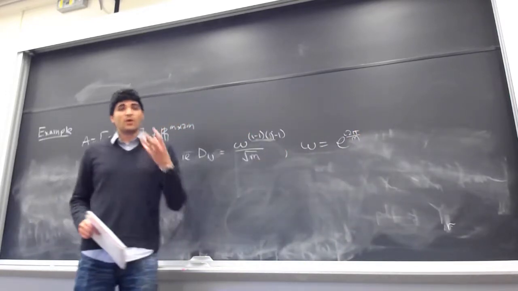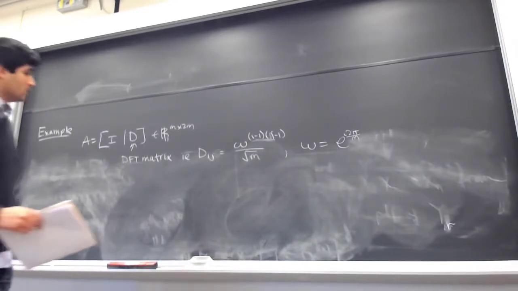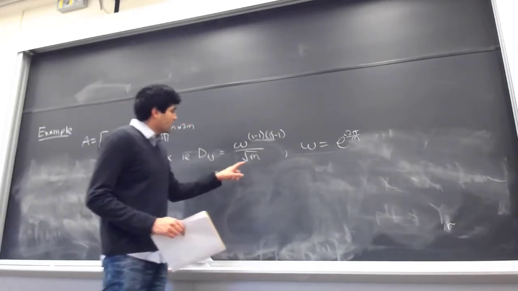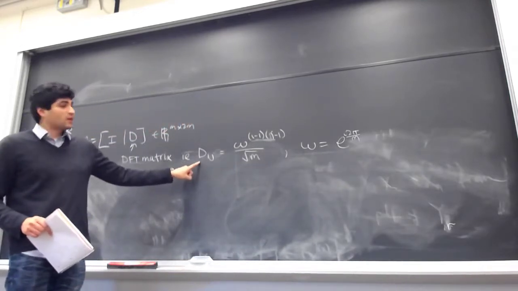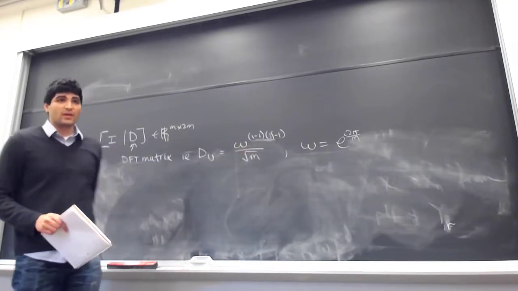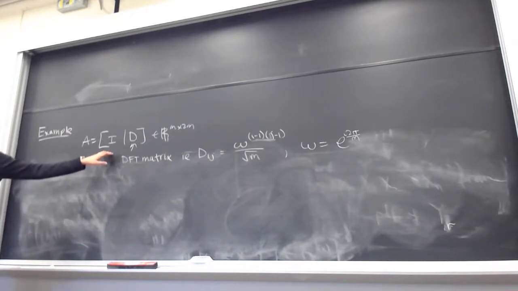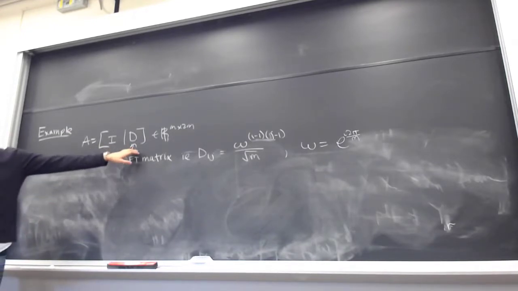So it's a complex number which is 1/mth of the angle, and you raise it to the mth power, you get back unity. All the entries of this DFT matrix are just powers of omega. Hopefully you have seen the DFT matrix before, but this is called the Spikes and Signs dictionary for obvious reasons.